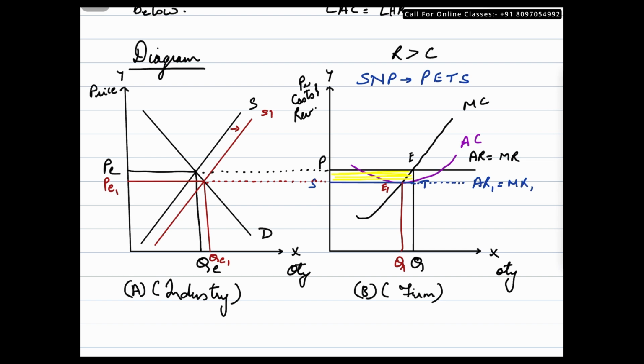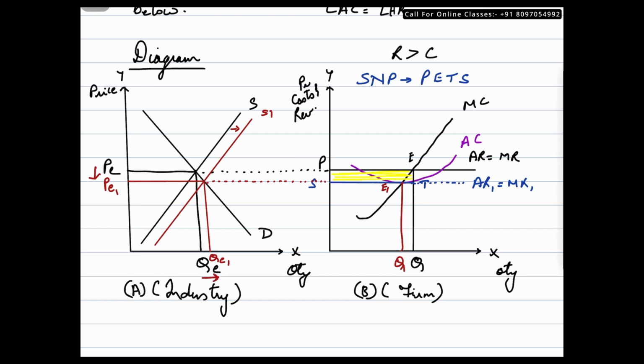Why would the firms go from earning supernormal profits in the short run to long run normal profits? Because since the supply increased, the overall impact in the industry was a reduction in price, right? So the price fell and the quantity increased.